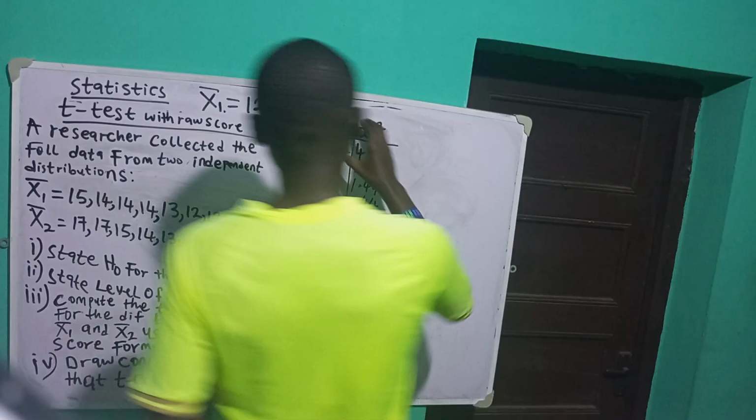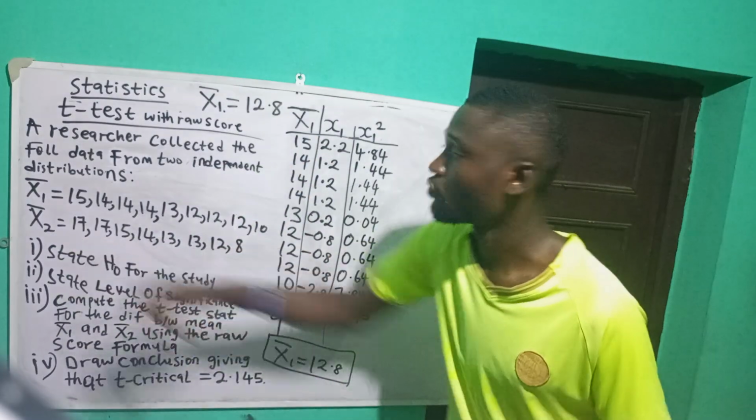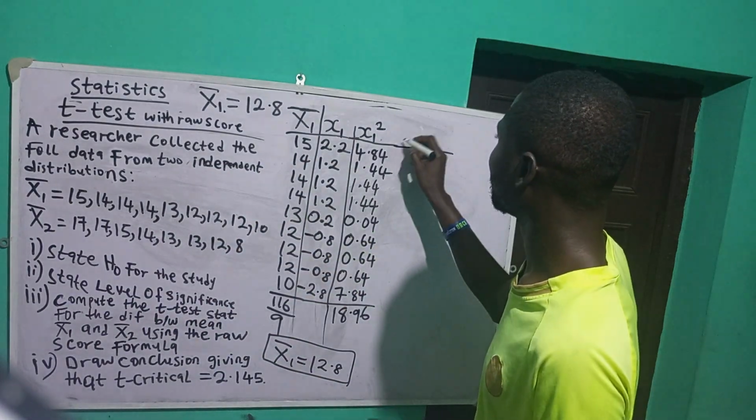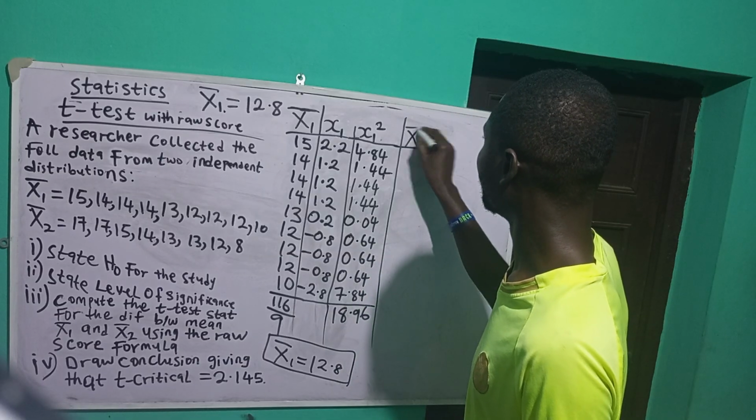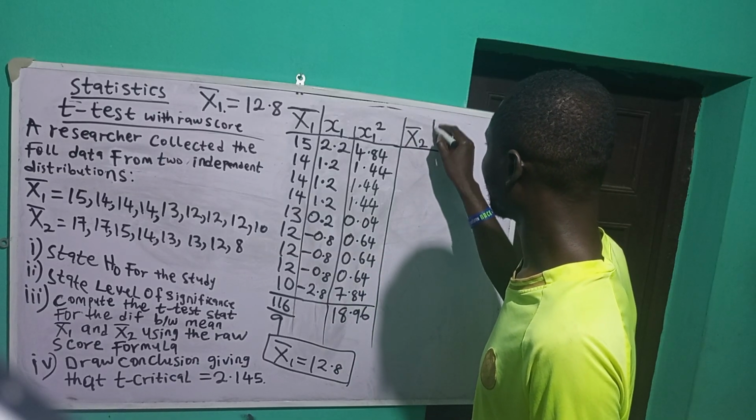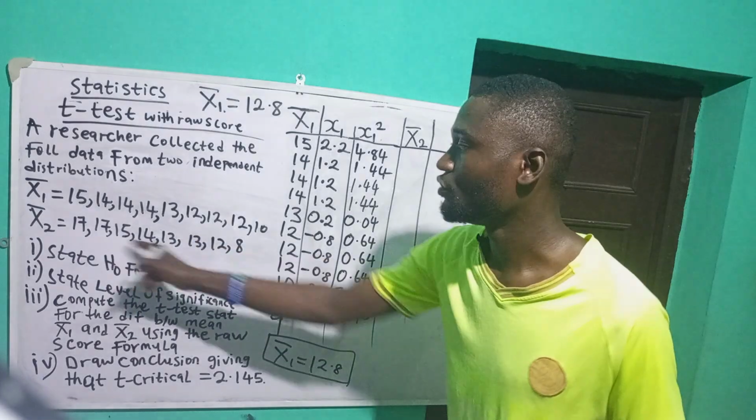The next thing is to move over to the second set of scores, this one. So you have what? Mean 2. All the numbers that are here, you write them.